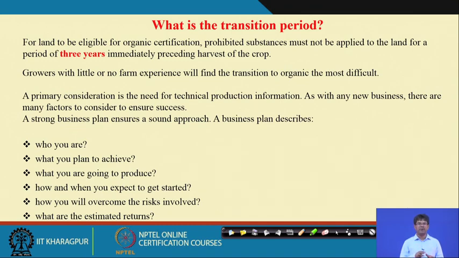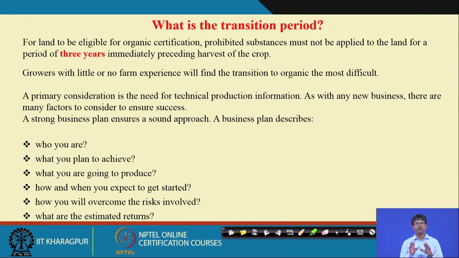So for management, you have 4 major components: resource, technology, market and institutions. These four are the major pillars of management.